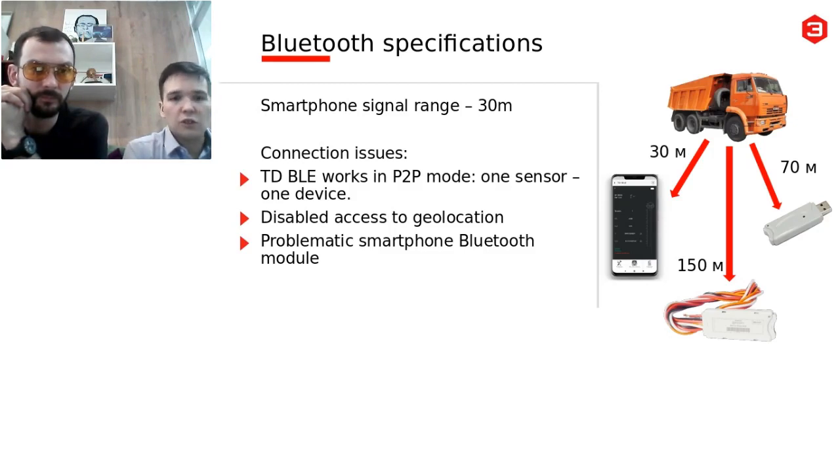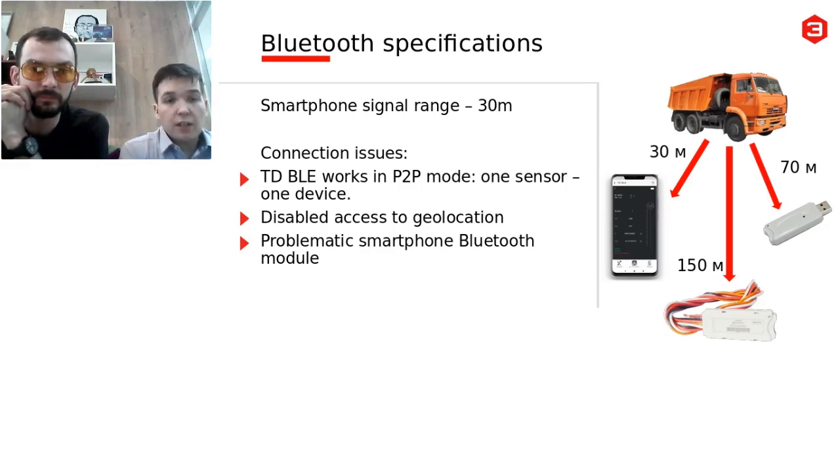For USB adapters that are used only to configure the sensors, not to connect them to the trackers, it is 70 meters. And for the wired USB bases that you use to actually connect the sensor to a tracker that has no internal Bluetooth module, it's 150 meters.